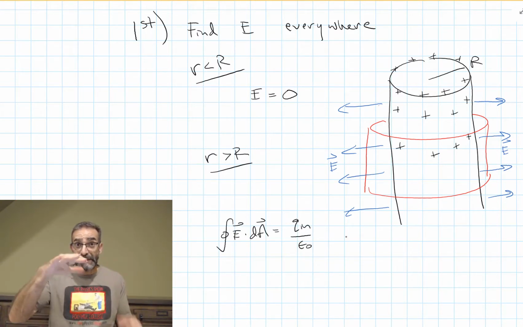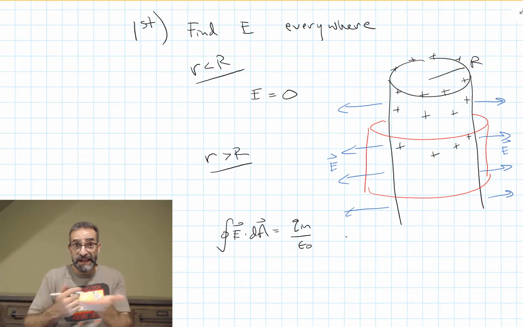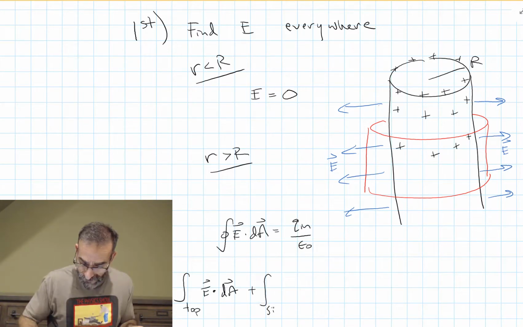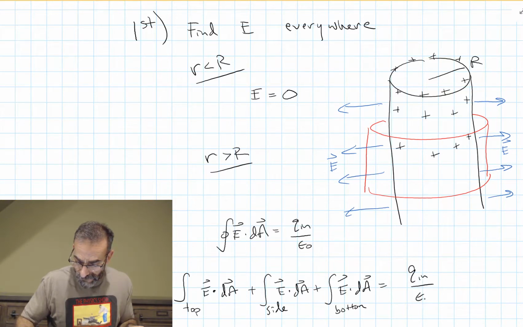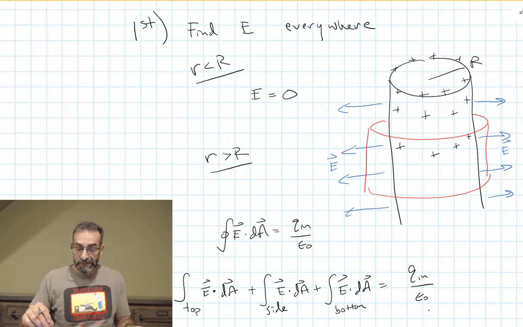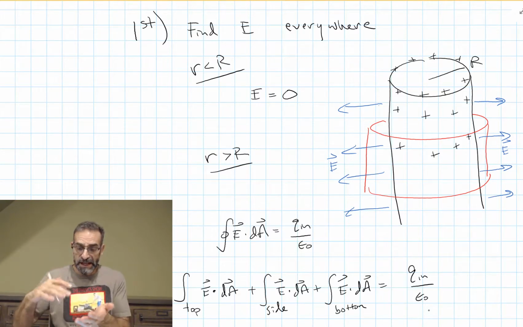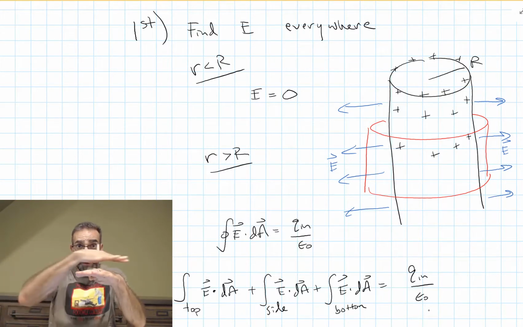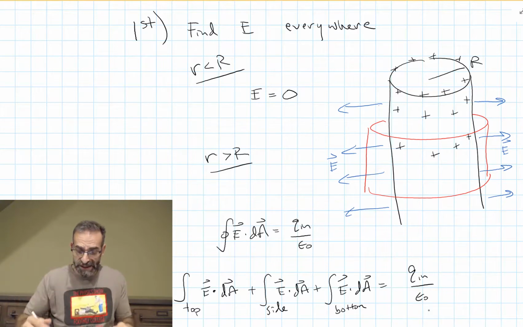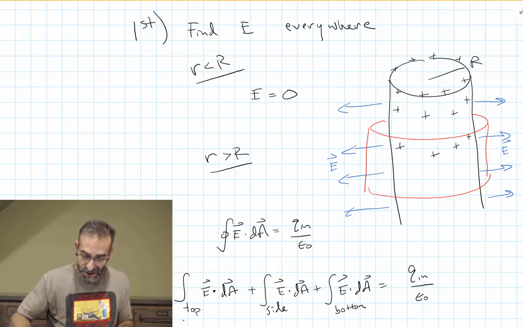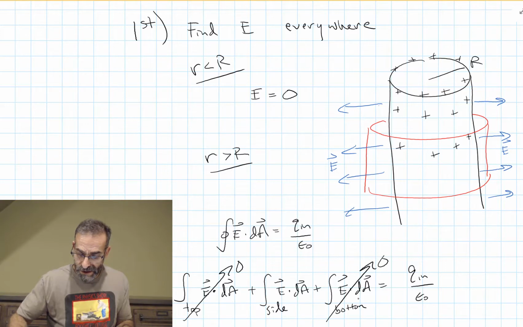It has a top, it has a side, and it has a bottom. The integral over the top and the bottom are zero. There is no flux through those surfaces. The electric field skims along those surfaces parallel to them. It does not penetrate those surfaces. Those are zero.